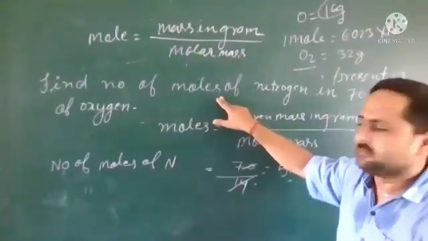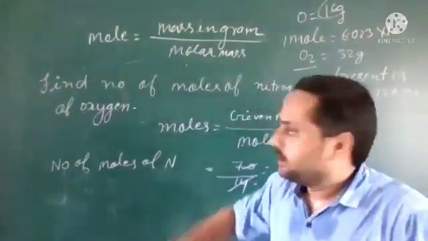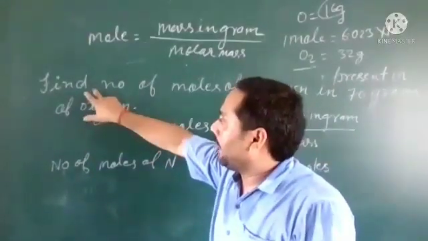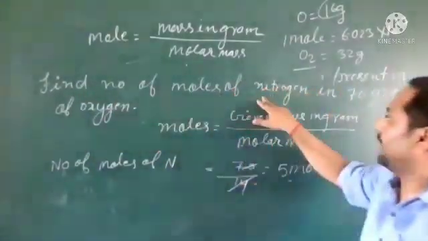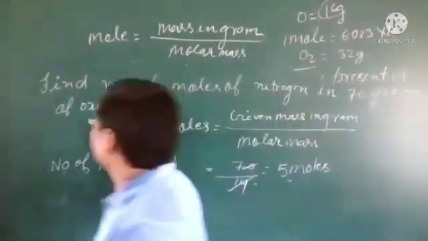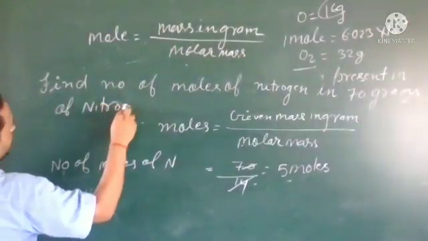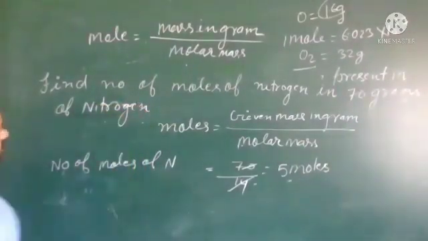Here, I am repeating. Just listen. The question is: find number of moles of nitrogen in 70 grams of nitrogen. This is the question.